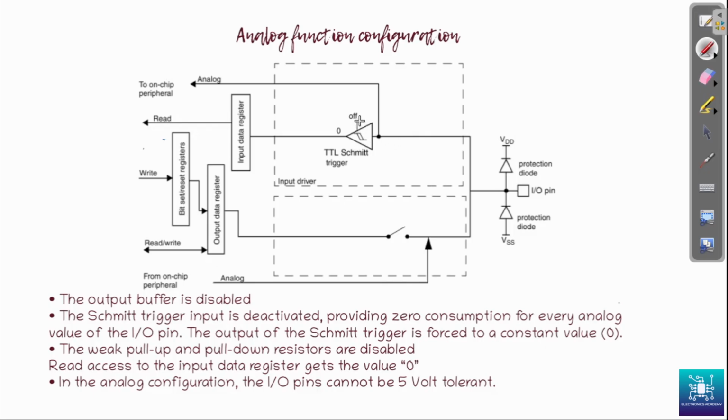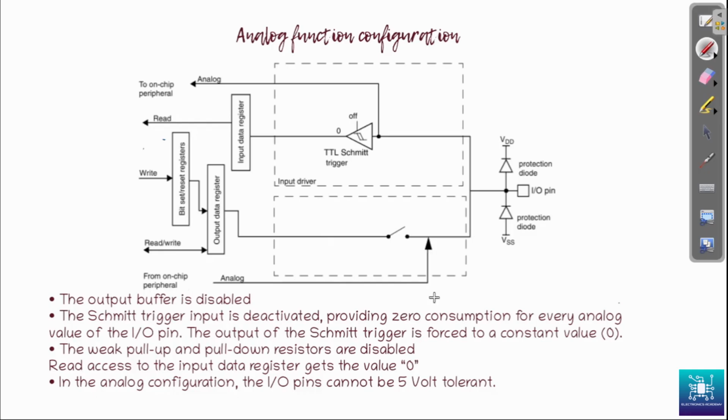That is, the first thing that we see that is different from the previous configuration is that the Schmitt trigger is turned off. Okay? That's one thing we see. So we cannot read anything in the input data register, and the output unit is also cut off.